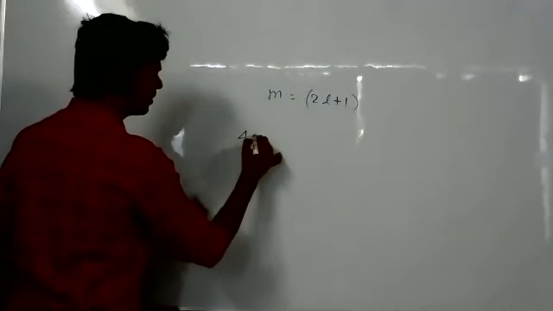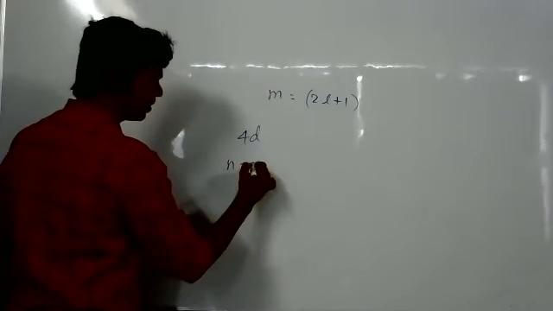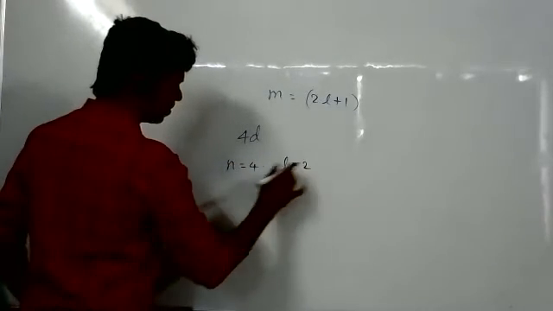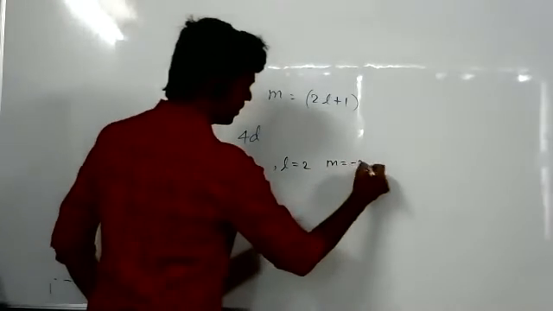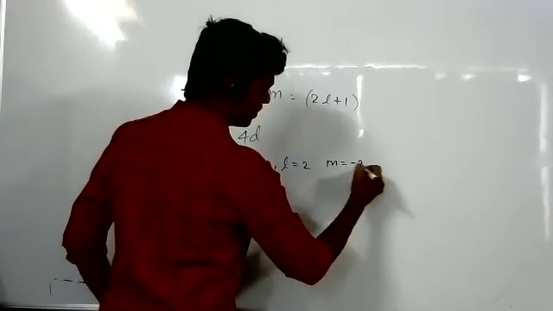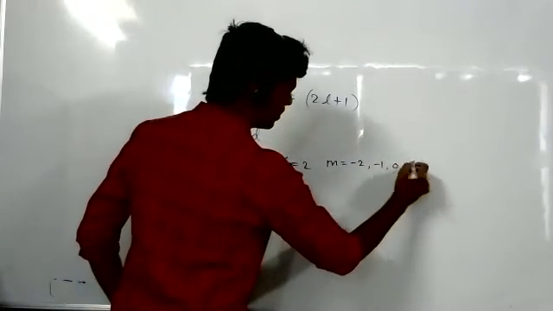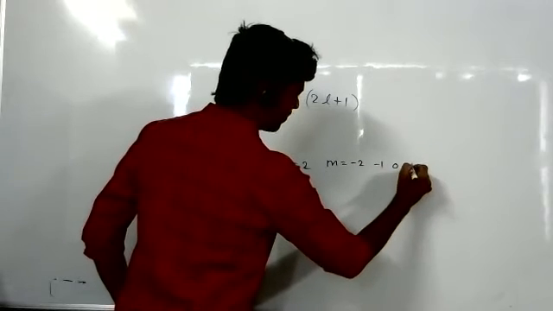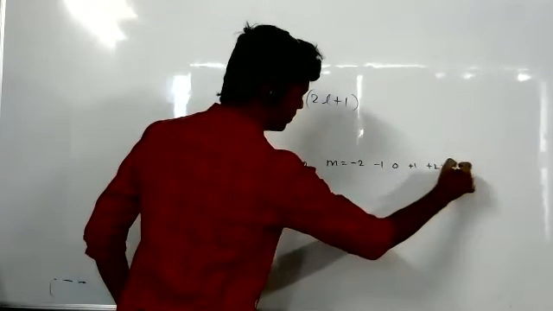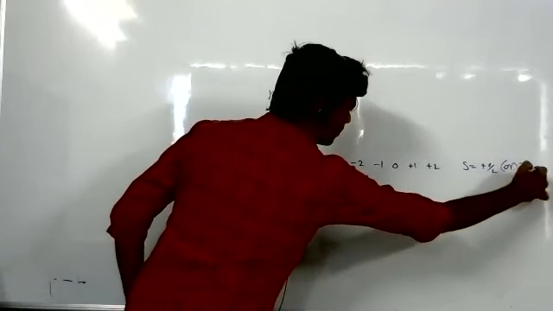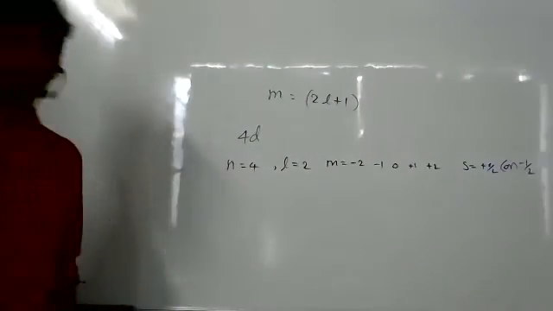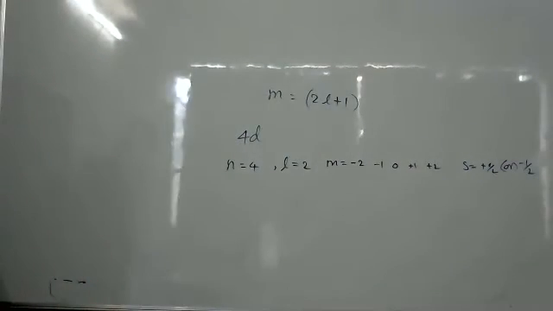So I think n must be 4, l must be 2, and m value is in between minus 2, so m may be minus 2, minus 1, 0, plus 1, plus 2. Spin may be plus 1 by 2 or minus 1 by 2. So check options. Option A is 4 and 3 is given. Yeah, option A only.